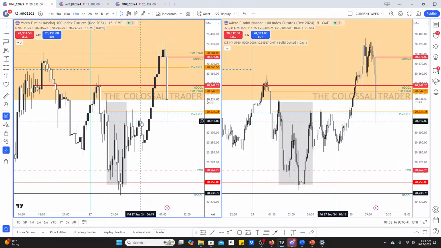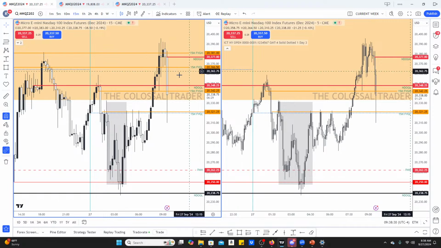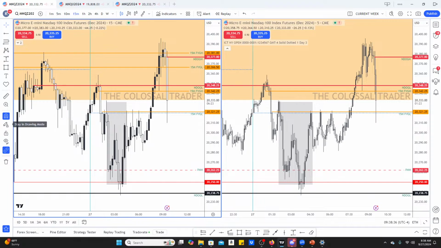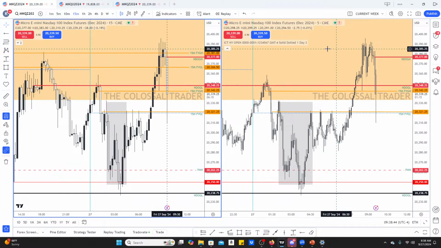Still have not pressed the button. It's good for a buy right now, honestly. Really good for a buy. Where's my mouse?